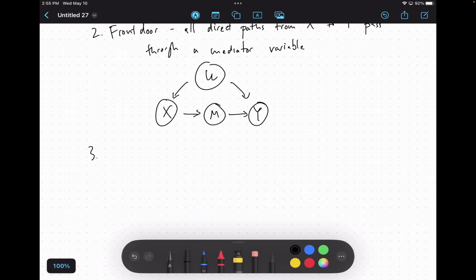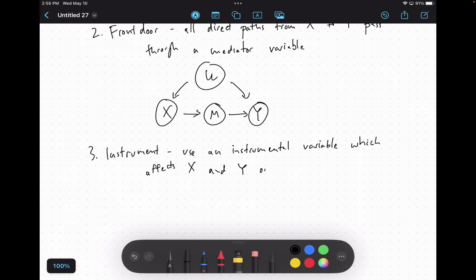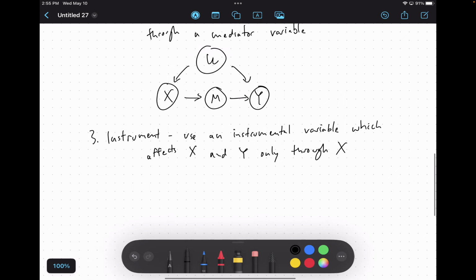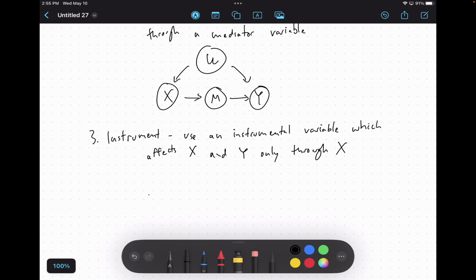And lastly, and probably the one most commonly used and one that you guys may have heard, is to use an instrument. So use an instrumental variable which affects Y only through X. So that would look something like this.